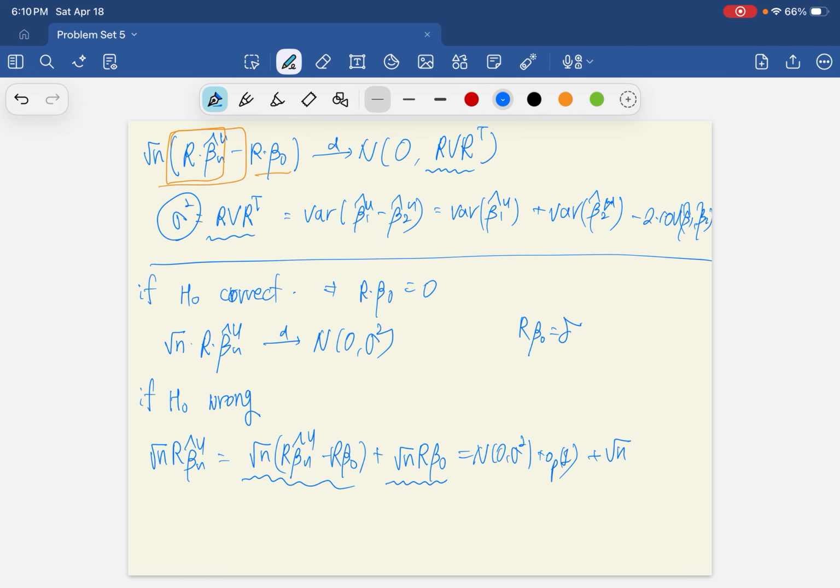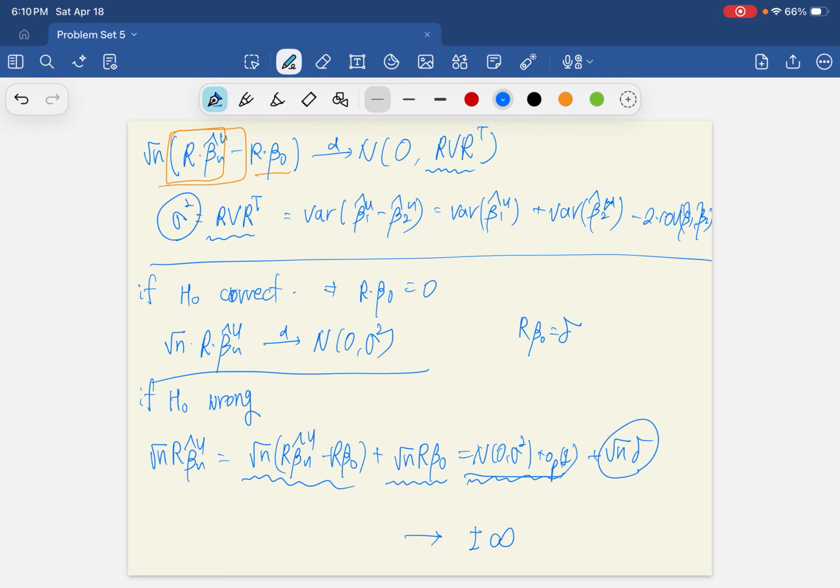Then this second part is not converging. It is just square root n times delta. The normal part does not matter because it is stable, but this part is going to plus infinity if delta is positive, and to negative infinity if delta is negative. So this justifies our test statistic.